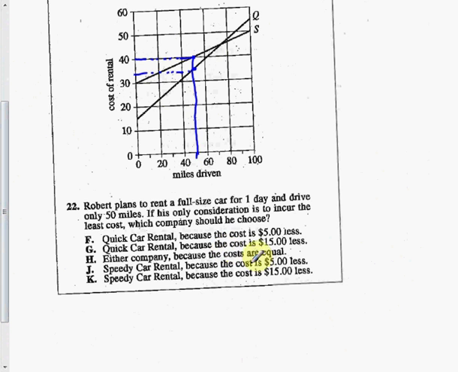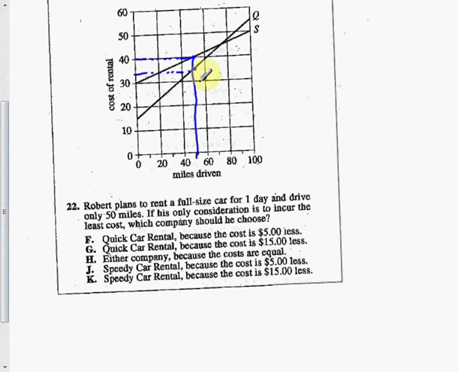Either company, because the costs are equal? The costs are not equal, because the cost for one at 50 miles is about $35, and the cost for the other is about $40. So they're not the same. The difference is not 15, it is way less than that. Speedy Car, because the cost is $5 less?